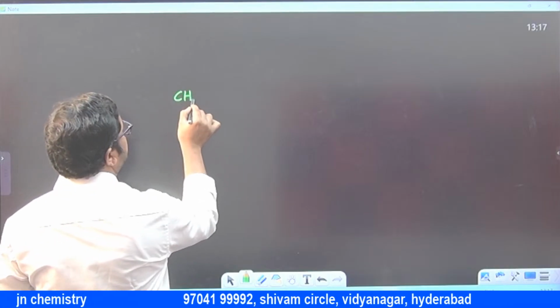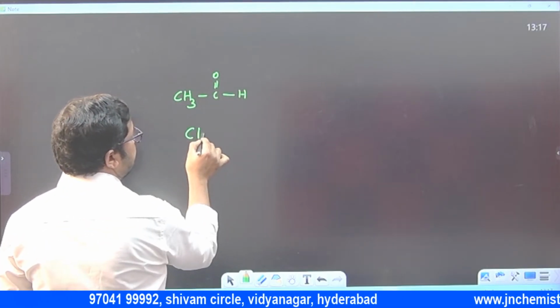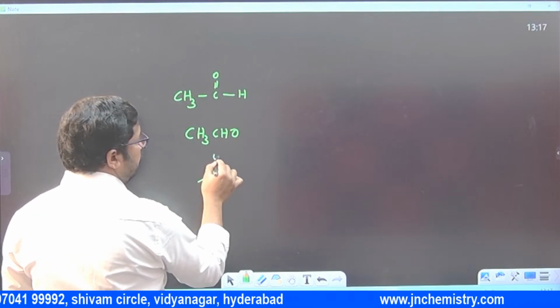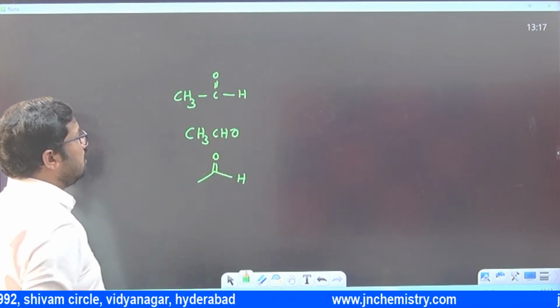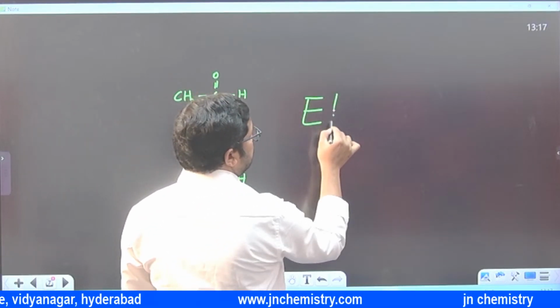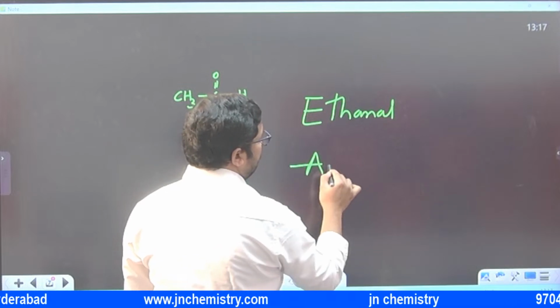For example, CH3C double bond OH, or we can say CH3CHO. So this is what? Ethanal. Acetaldehyde is the common name.